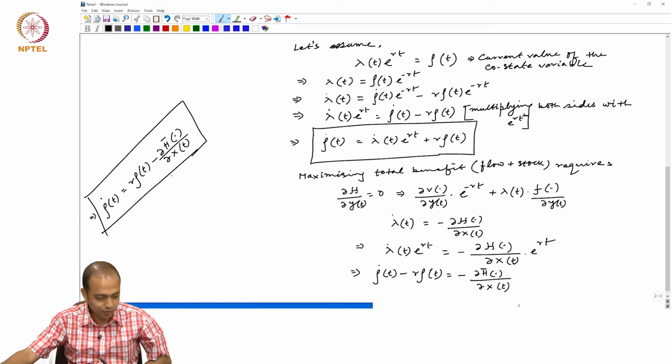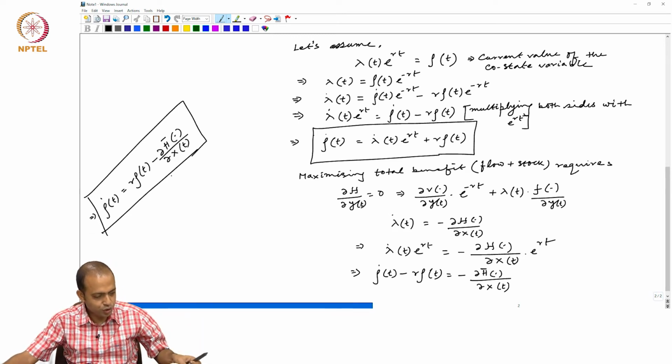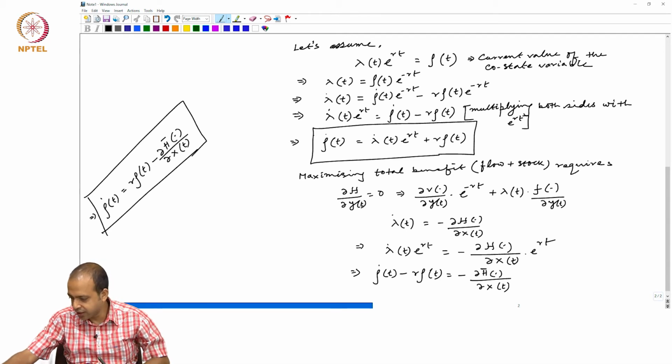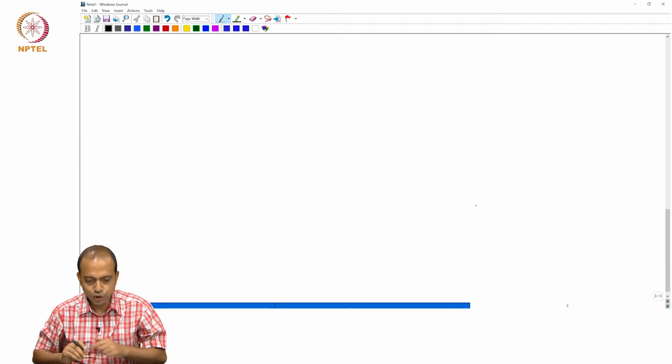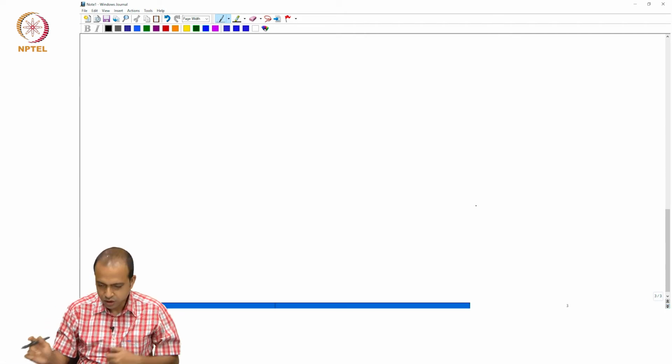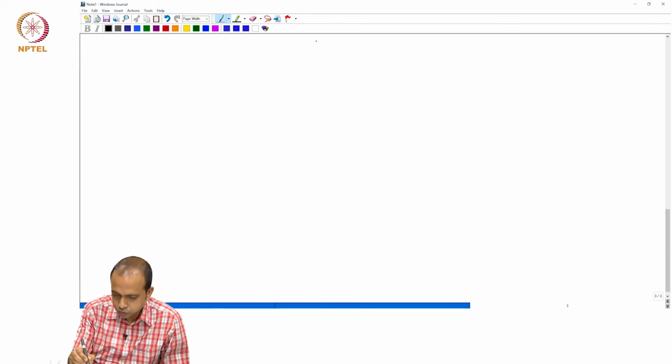Now, using these conditions, we will now try to understand how these conditions are useful in the context of a non-renewable resource extraction.